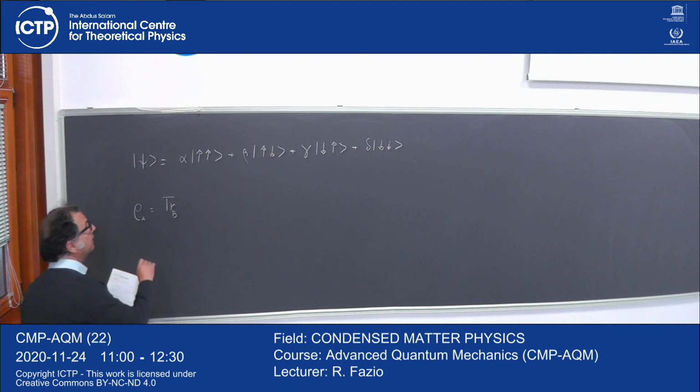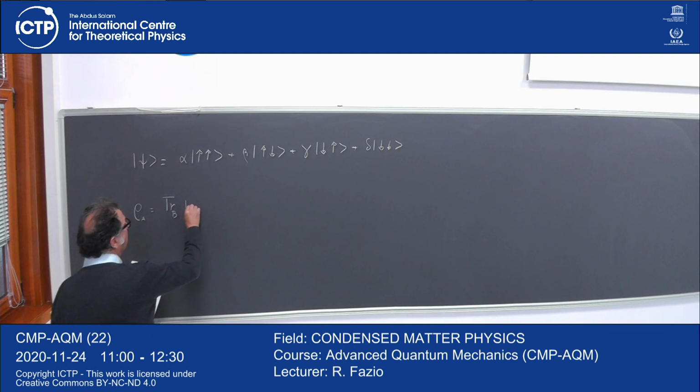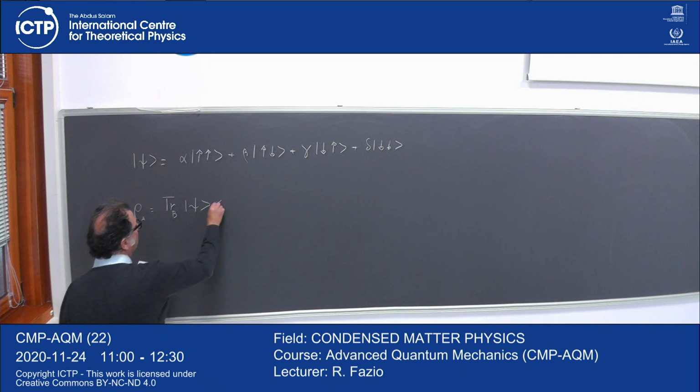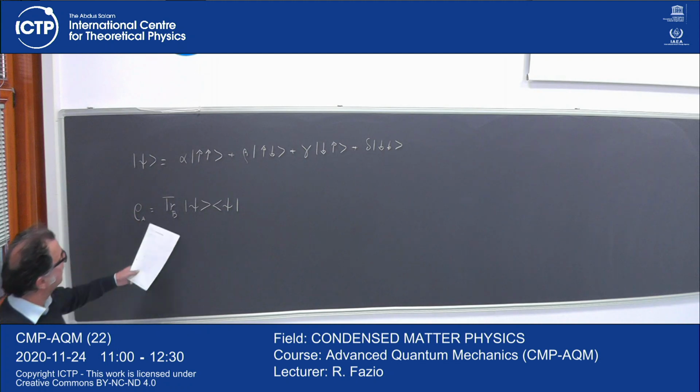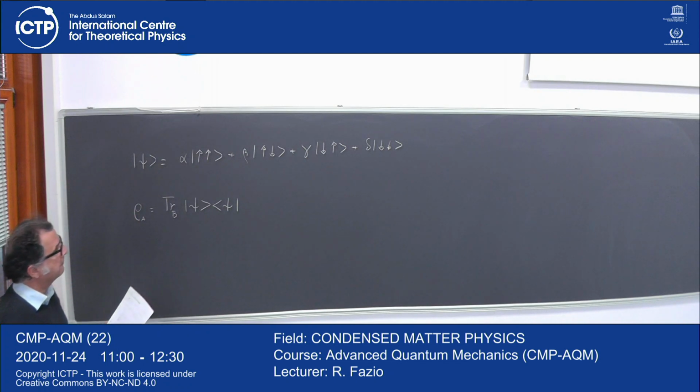The B spin. So which means that I have to take the full density matrix of this pure state and do the partial trace.